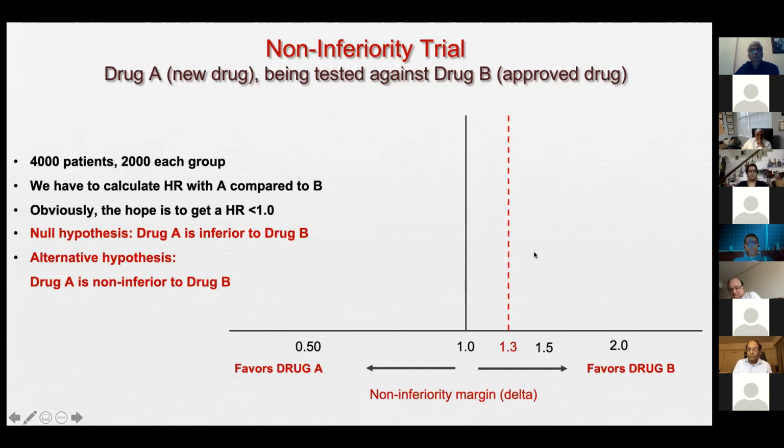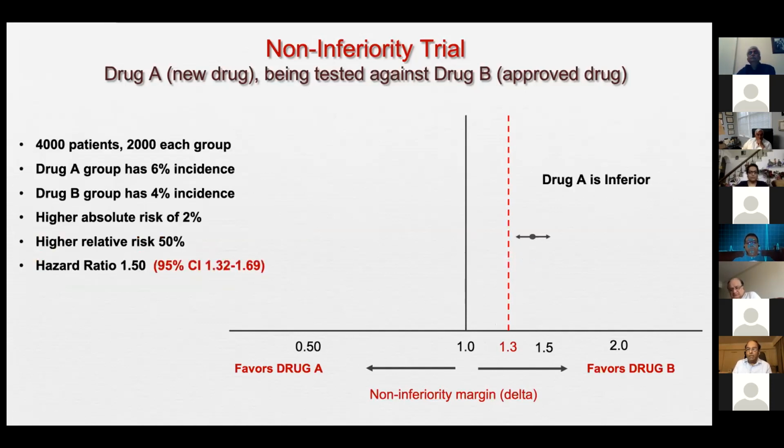So for example, if we do the study and we find that the new drug had a hazard ratio of 1.5. We were testing it for, say, stroke reduction, but we found that the new drug has an incidence of stroke of 6%, while the existing drug had an incidence of 4%.